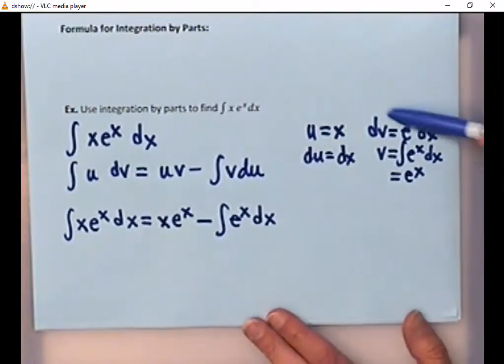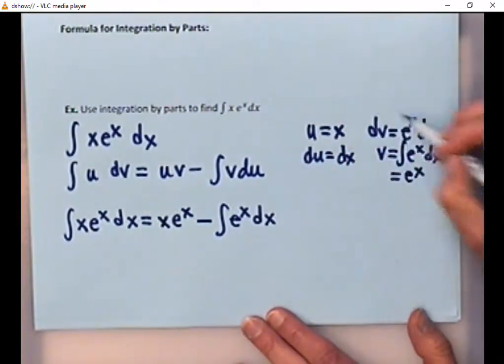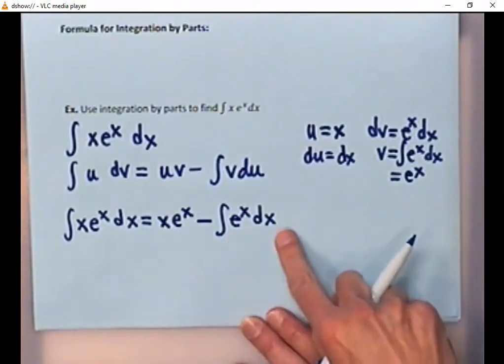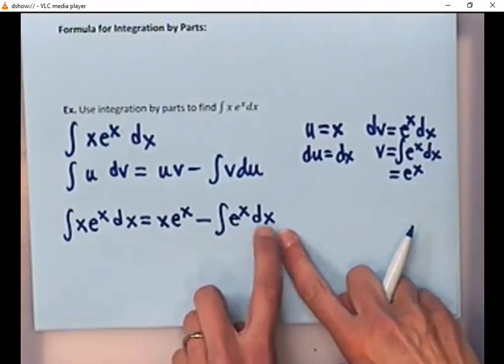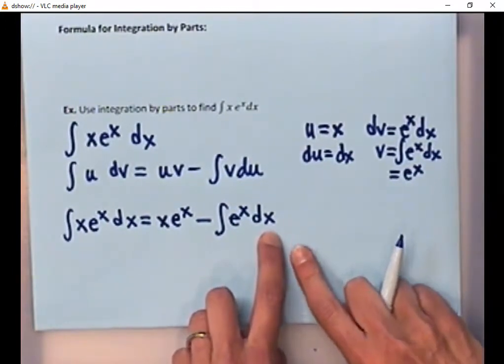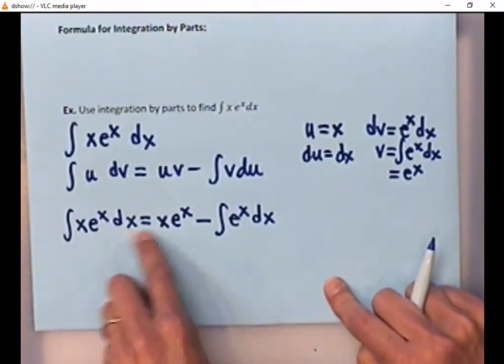Okay, so it's important that you set up these four parts so that you can then fill all of the four parts in. So I fill in what is u, what is v, and du. Okay, now this is what this integral is equal to.